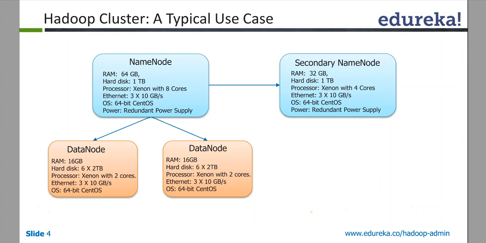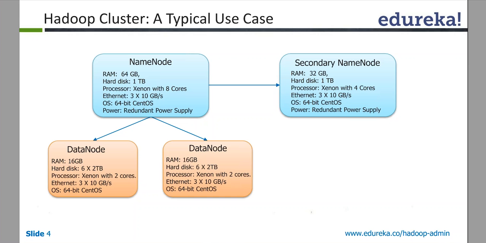The data nodes will have more hard disk size, meaning more storage power, and they can have less memory. So data nodes can have less memory but more storage, while it's vice versa in the case of master nodes. When we talk about a Hadoop cluster, the typical idea is that all the master nodes, because a master node is something in a Hadoop cluster which, if it goes down, can bring down the whole cluster.